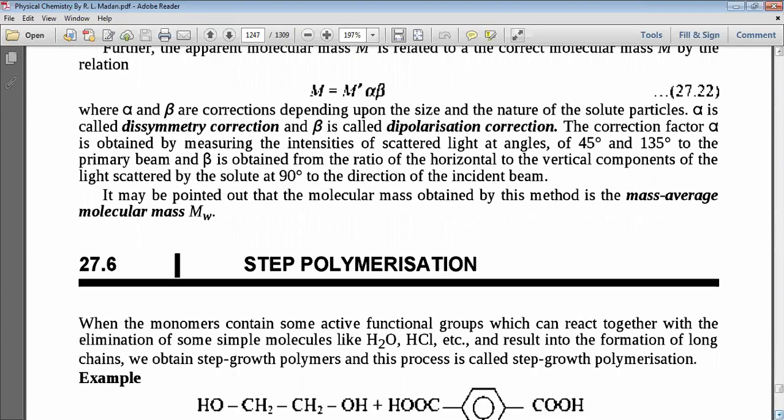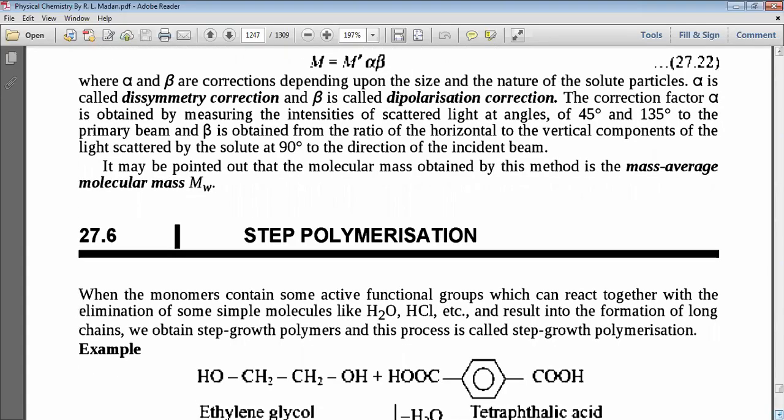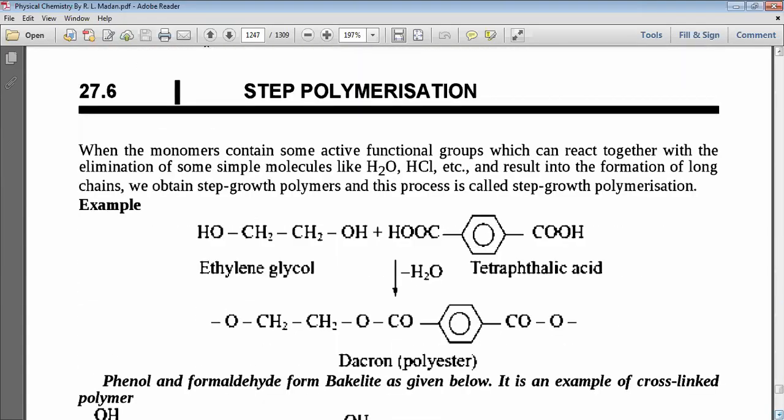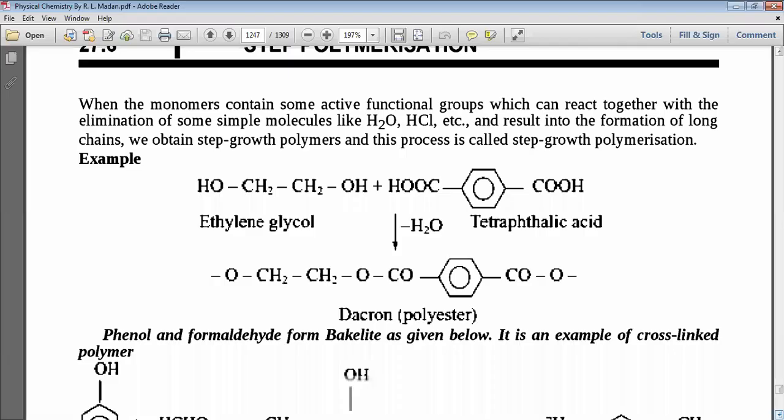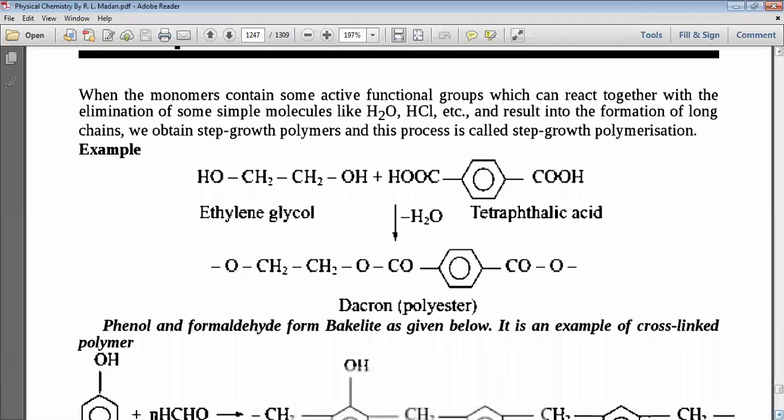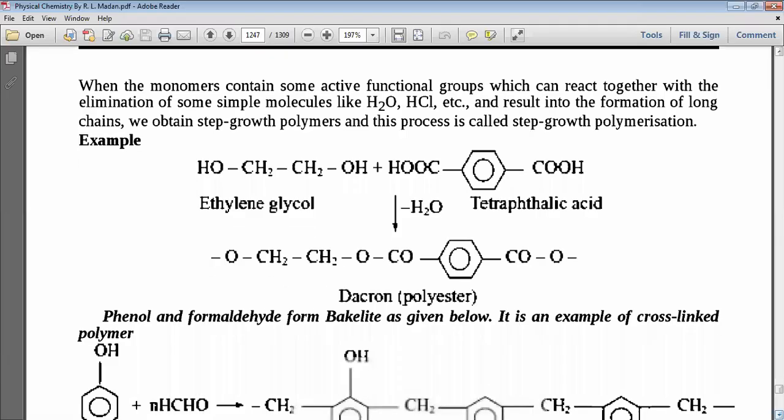Now, step polymerization. When monomers contain some active functional groups which can react together with the elimination of some simple molecules like water, HCl, etc., and result in the formation of a long chain, we obtain step growth polymers. This process is called step growth polymerization.